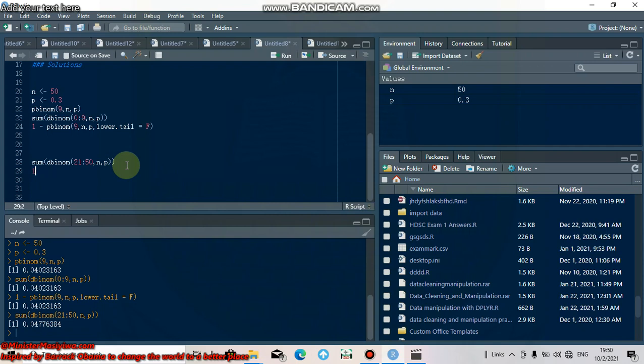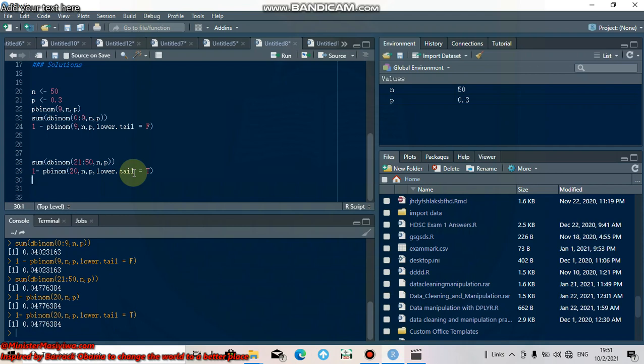We can use another function. You can say 1 minus pbinom, then 20, n, and we define our n and p. Then we run this. You see the probabilities are the same. So for the lower.tail argument, if you write lower.tail equal to true, you see the probability is just the same.